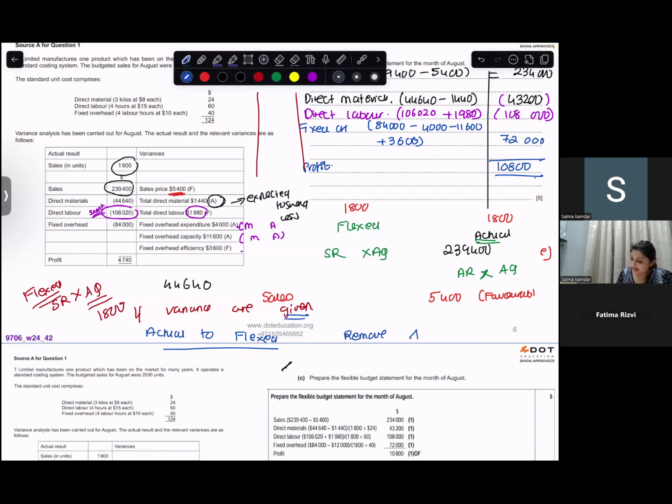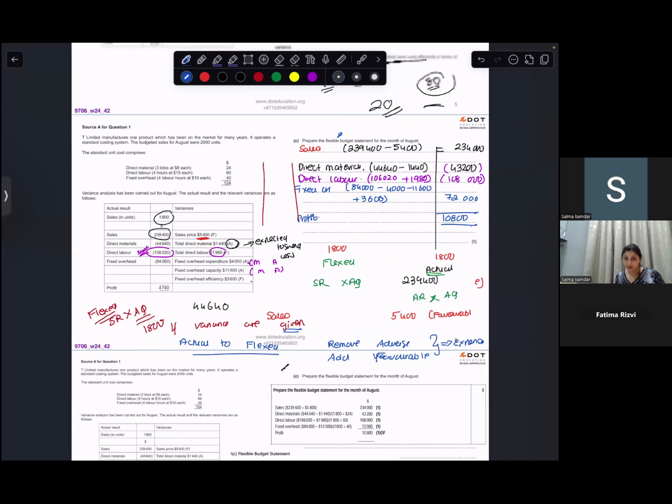This is for expenses. For sales income, you will do the opposite. But if from flex to actual you have to go, then you will do vice versa.